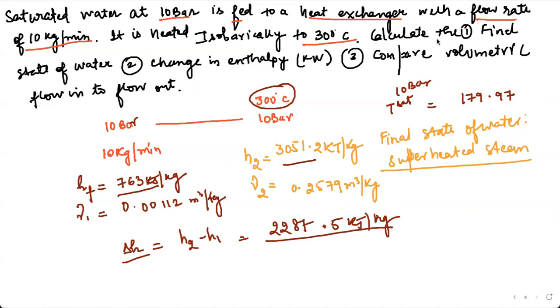Now we need to find delta H in kilowatts. For kilowatts, we multiply this by 0.167 kilojoules per second.